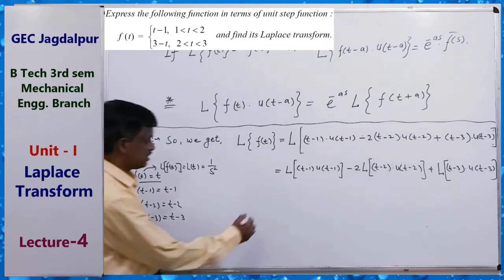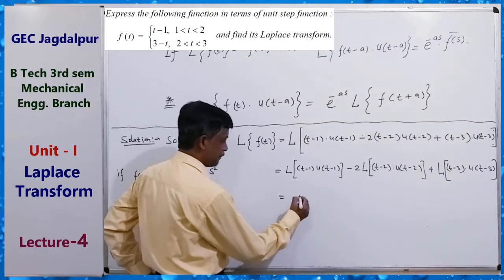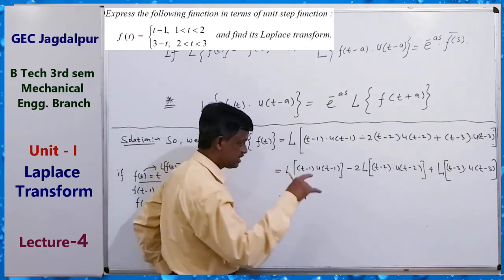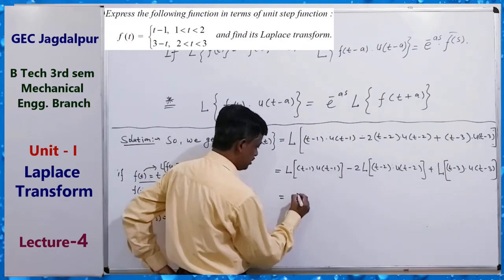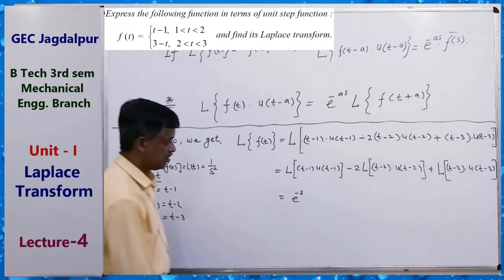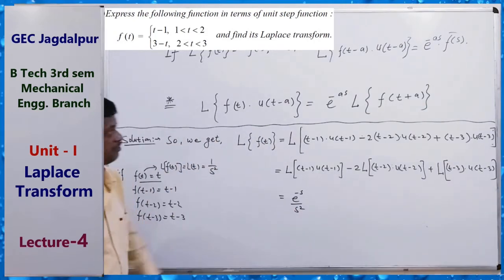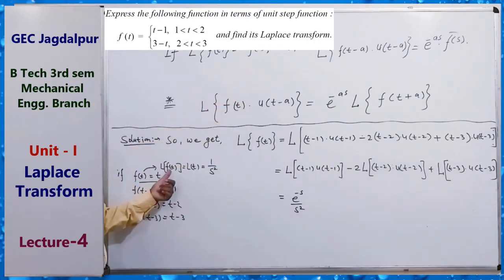So what will be the answer? e to the power minus as, with a equal to 1, is e to the power minus s upon s square, since F(s) equals L(f(t)) equals 1 by s square.